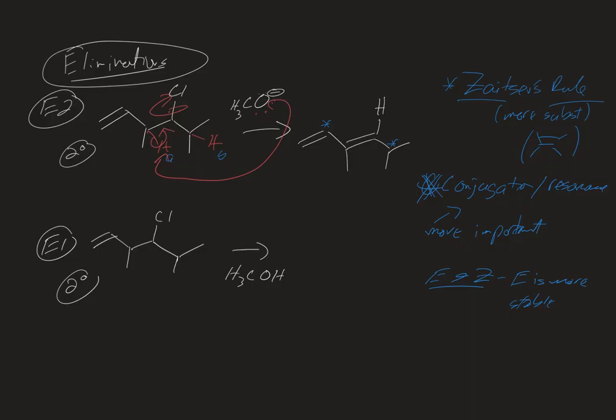This would be the most stable version. You could draw it as the Z, because I don't have any wedges and dashes. You're not worrying about anti-periplanar stuff. So you could draw it like this, but this would be the Z product and not as likely. So Z, but I would say probably not. And then this would be the better product. You can see how these things can get pretty complicated pretty fast.